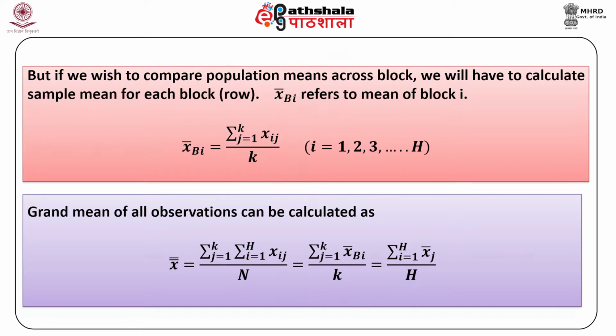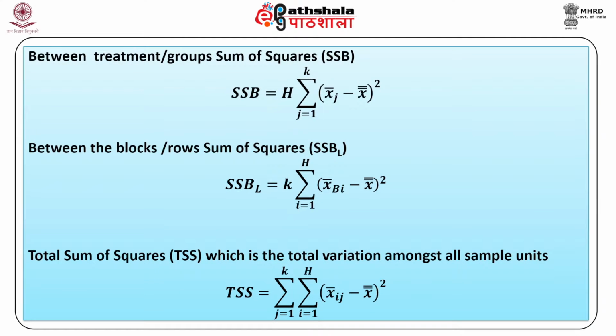In two-way ANOVA, there are 3 sources of variation, namely the between treatments or groups sum of squares denoted as SSB, and this SSB is equal to H into the summation of Xj bar minus X double bar whole square, where J varies from 1 to K. Our second source of variation is the between blocks or rows sum of squares, written as SSBL.